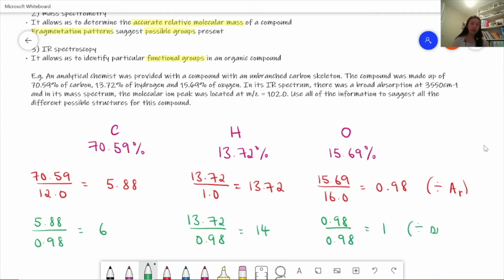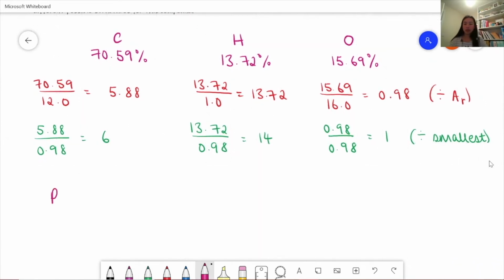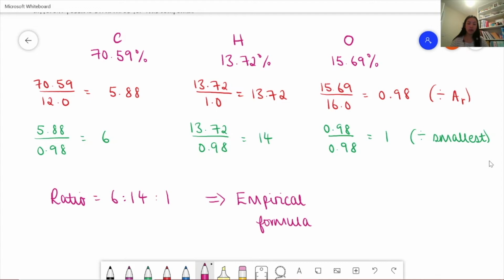So here we've divided by the smallest, and so now we have our ratio. So the ratio is equal to 6 to 14 to 1. And so this gives us our empirical formula. So the empirical formula is equal to C6H14O.